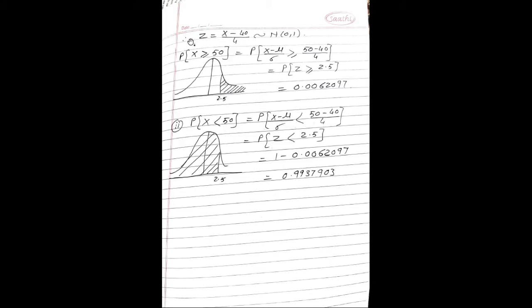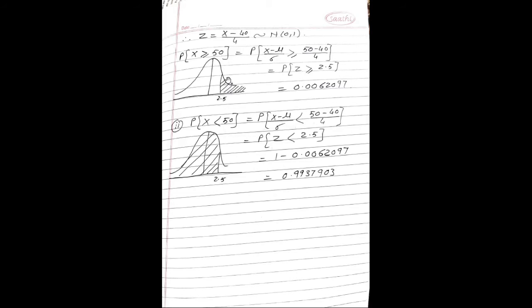So therefore Z is equal to (X minus 40) upon 4 will follow normal 0, 1. So in the first part we want probability X greater than or equal to 50, which is equal to probability (X minus mu) upon sigma greater than or equal to (50 minus 40) upon 4. So this is equal to probability Z greater than or equal to 2.5.